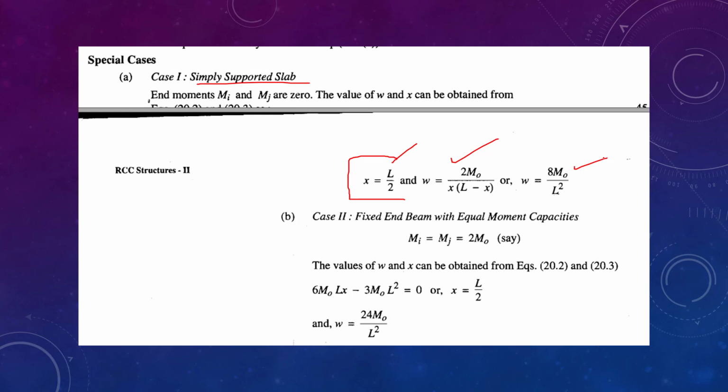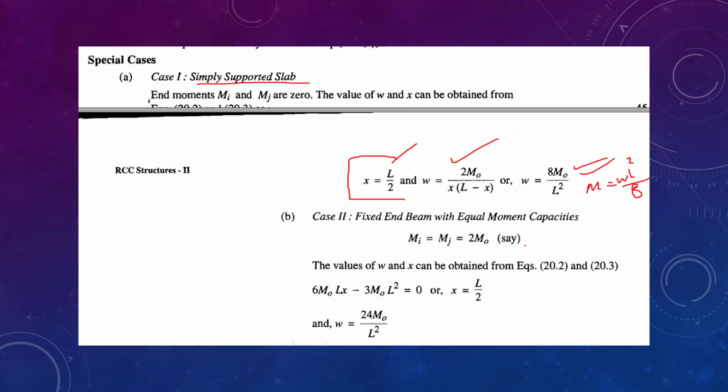So this equation is quite familiar to you. That is, when the L square goes to the left hand side, M0 is equal to W L square by 8, which is the bending moment. So by rearranging, M is equal to W into L square by 8. Very familiar equation to you, right?